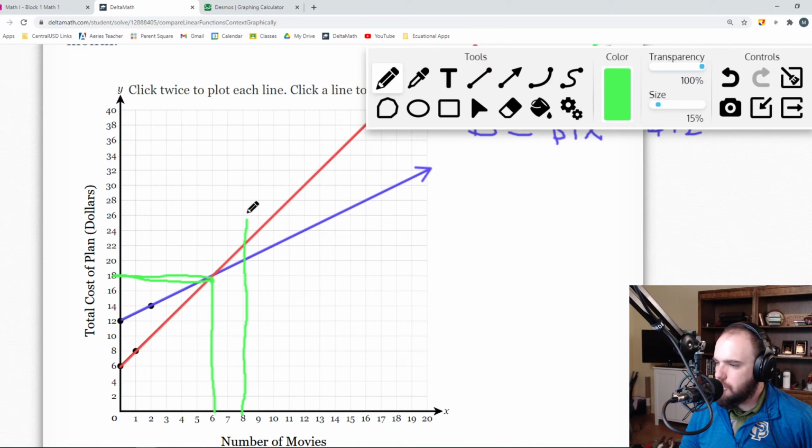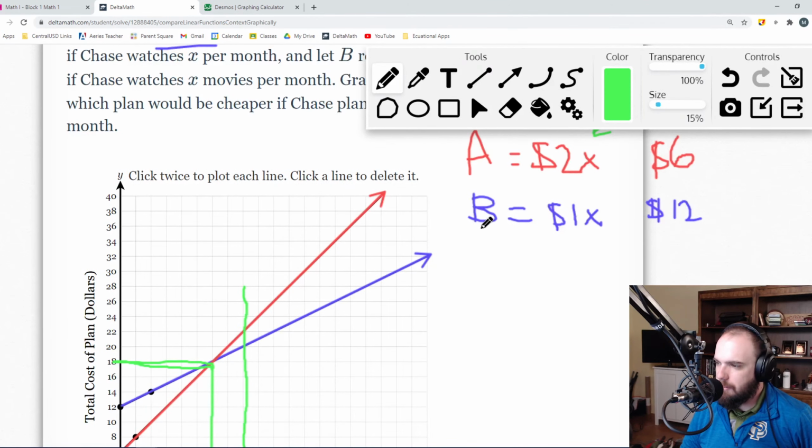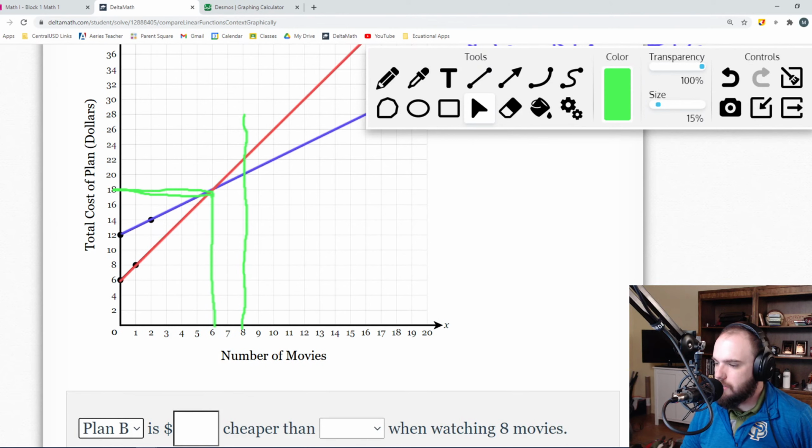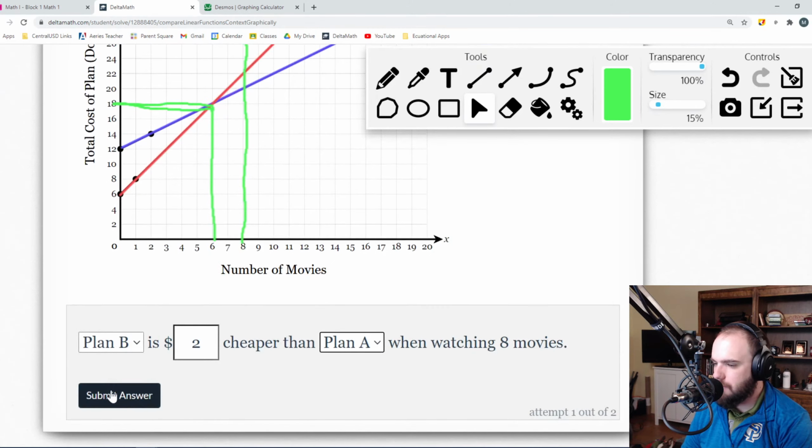If you look, my blue line is below my red line, so it's going to be Plan B. Plan B is going to be $2 cheaper than Plan A when watching 8 movies.